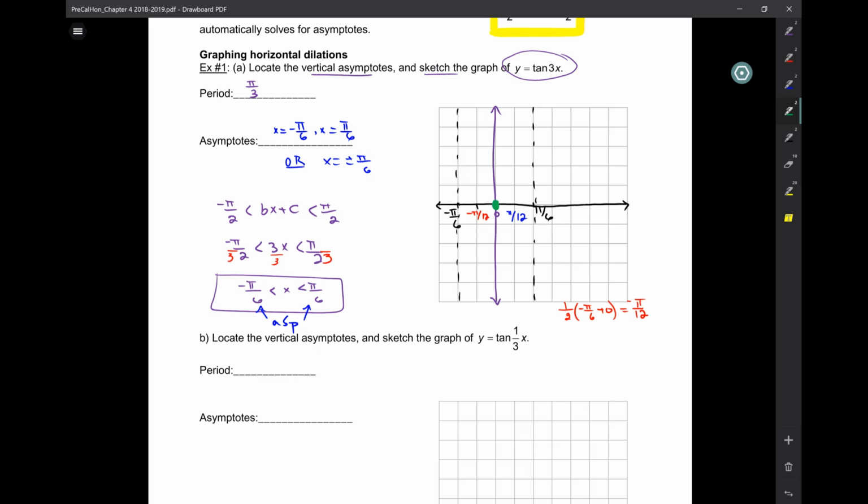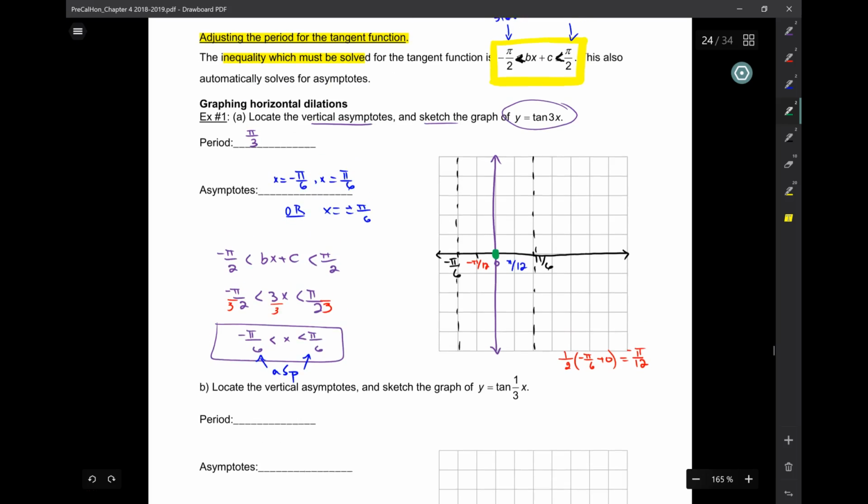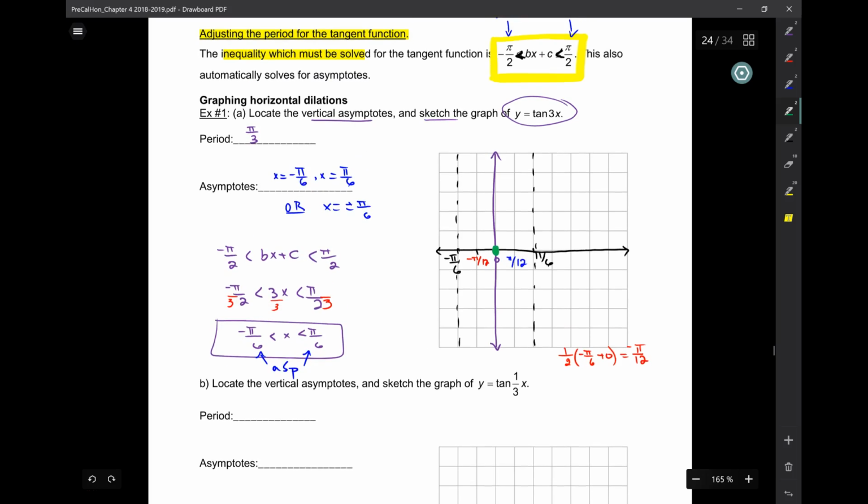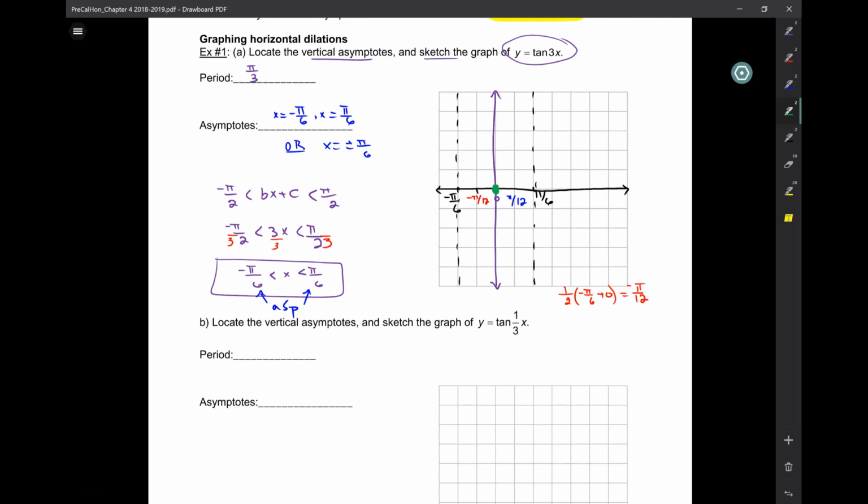At pi over 2, it is undefined. Because at 0, tangent is 0. Yeah, x is 0, y is 0 for tangent. Is the midpoint always going to start at 0? No.